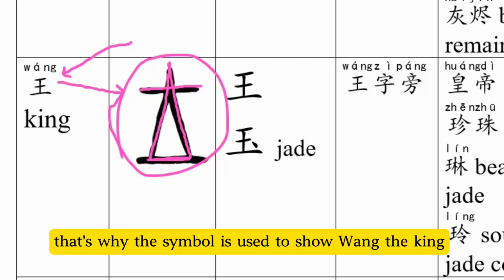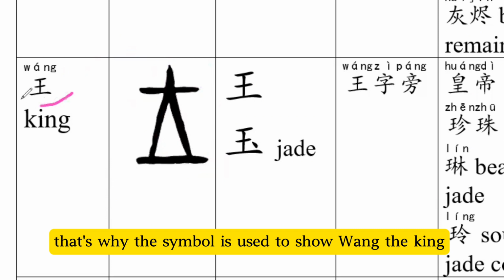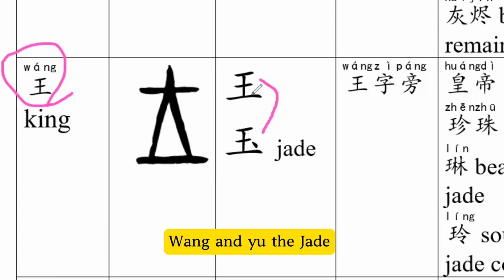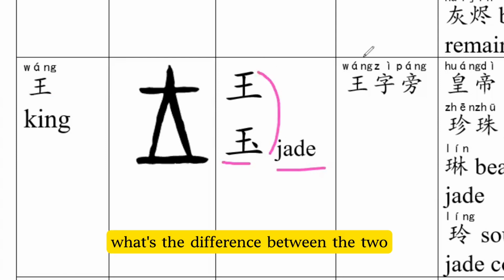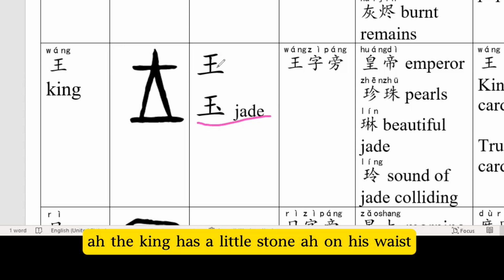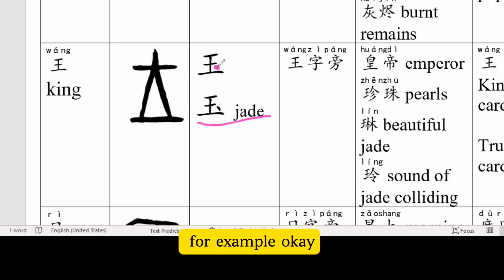So that's why this symbol is used to show Wang, the king. But then it's like, the radical form, why am I showing you Wang and Yu, the jade? What's the difference between the two?